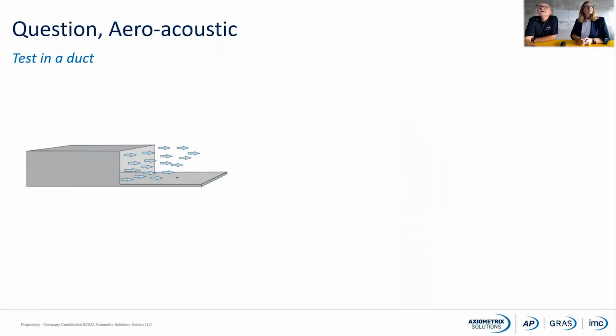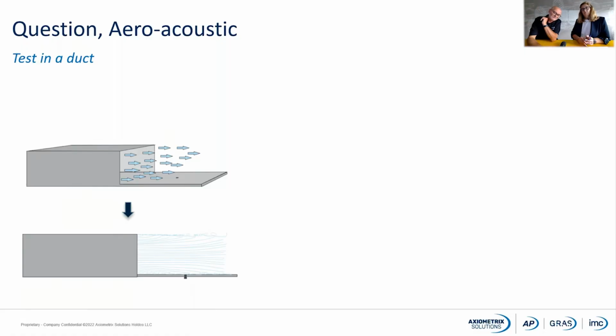If we look at a duct and how the flow in a duct system is, it could actually look like this. In the middle of the duct system, we will have what we call a laminar flow.